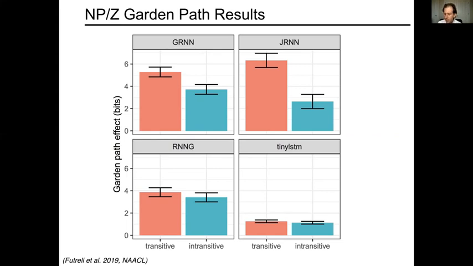One thing you'll notice is that the size of the garden pathing effect is larger under 2 conditions. One is when you have models with more data. So more data seems to lead to a robust, bigger overall surprisal effect. And then the other one is having grammar versus no grammar for a small data set.